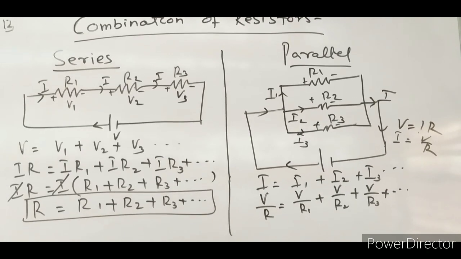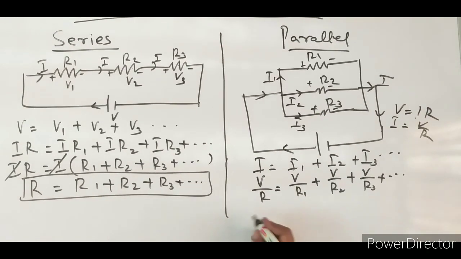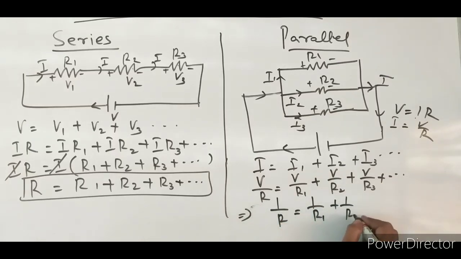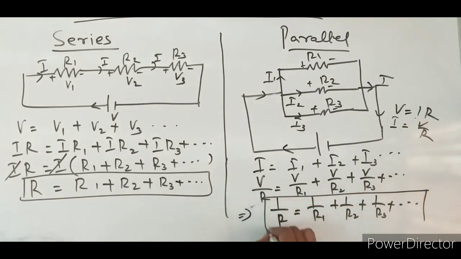Clear? Then V can be taken common and it can cancel. So 1 by R equal to 1 by R1 plus 1 by R2 plus 1 by R3, and it goes on. So the effective resistance in case of parallel connection is 1 by R equal to 1 by R1 plus 1 by R2 plus 1 by R3 and so on. Clear?